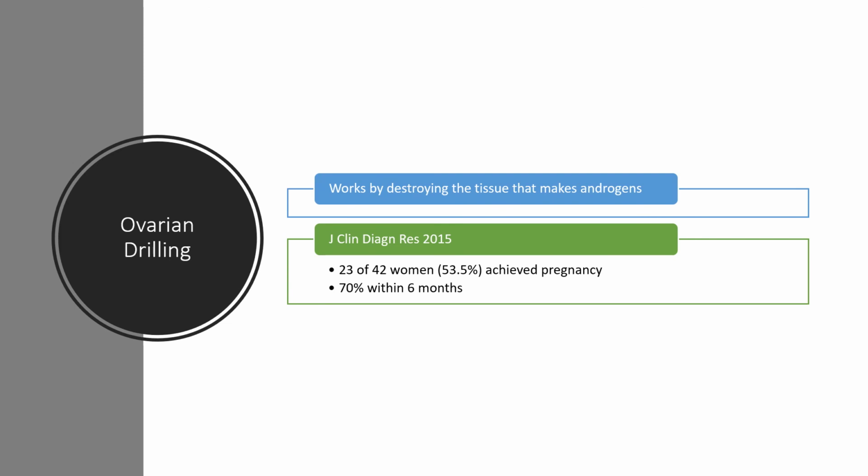You basically poke holes in the ovary with laser or thermic, and it sort of results in the same as what you might have read about in the old days. People did wedge resection for the Stein-Leventhal ovaries. Here's a paper with some data.